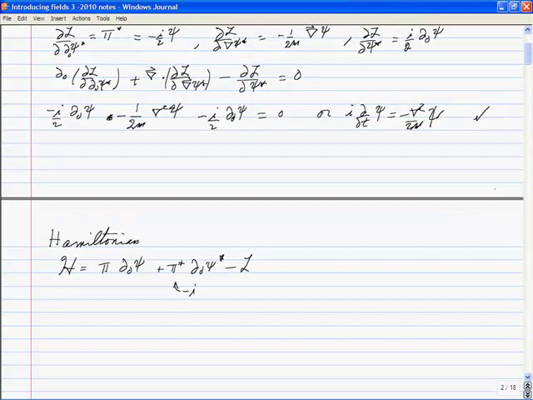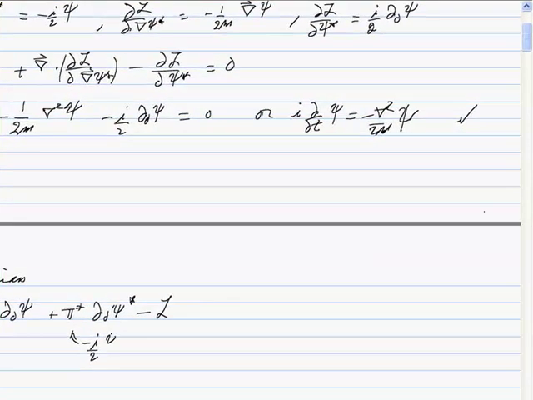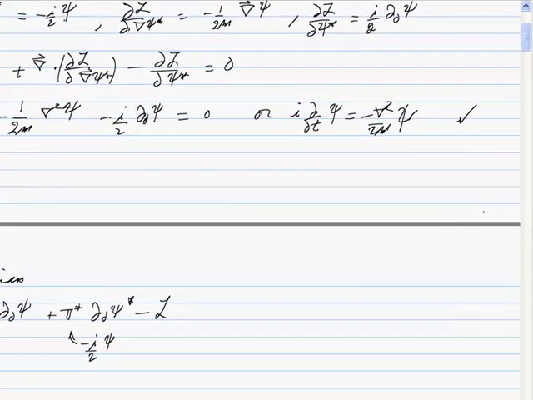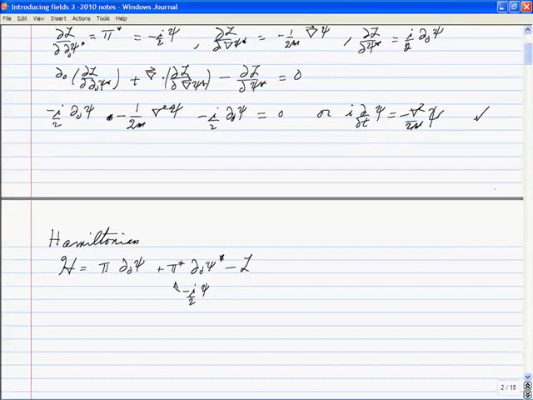This is minus i over 2 psi, sitting right up on the top there. You see on the very top line, pi star is minus i over 2 psi. If I had done pi, it's plus i psi star over 2. It's the Hermitian conjugate of the same thing.